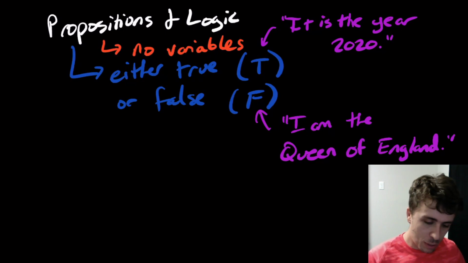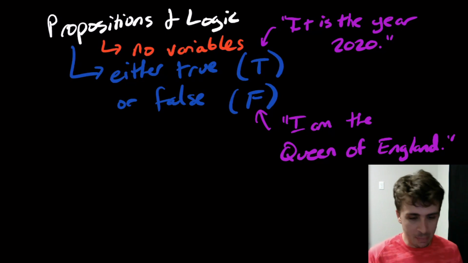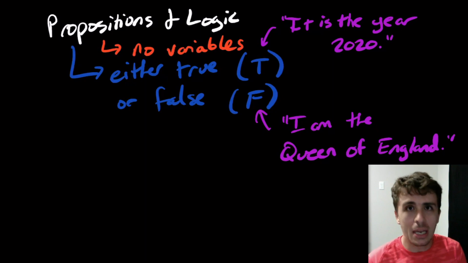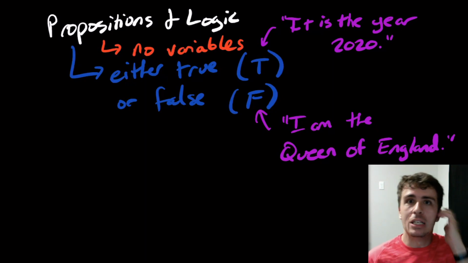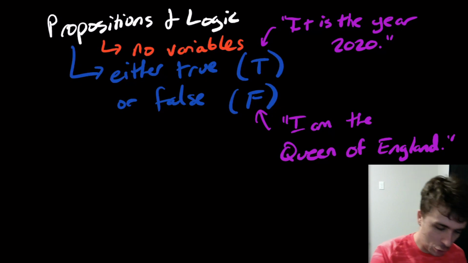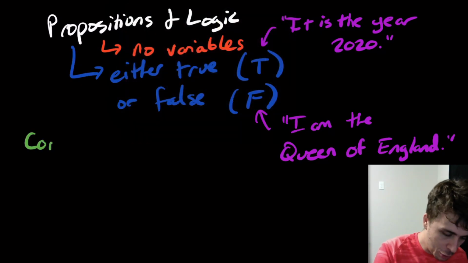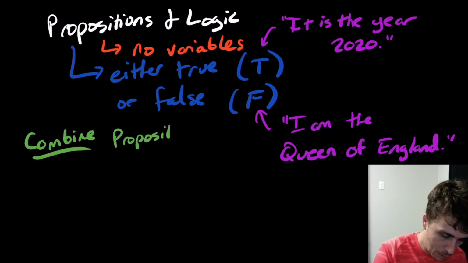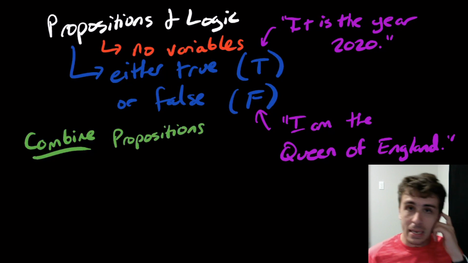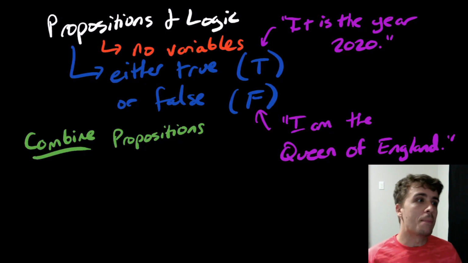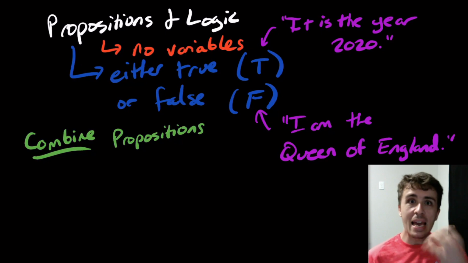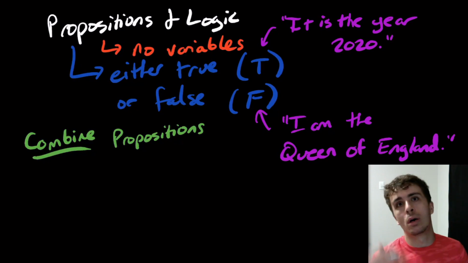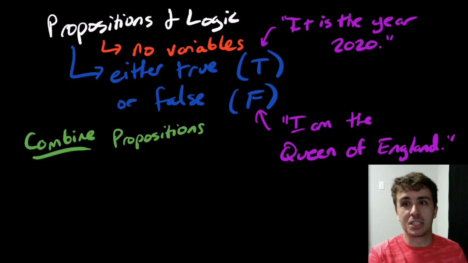So the thing is, well, okay, we can just deal with a bunch of statements, but that's not really that interesting. What we want to talk about is when we combine propositions. So let's try to combine propositions. Because in some cases, maybe we have some statement that we're looking at and some other statement, or maybe we may have some statement or a different statement.